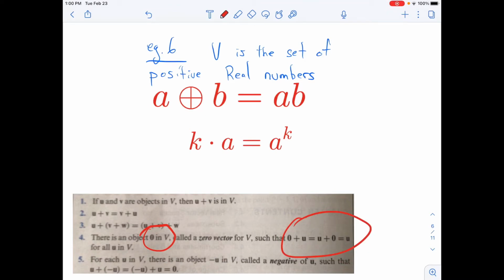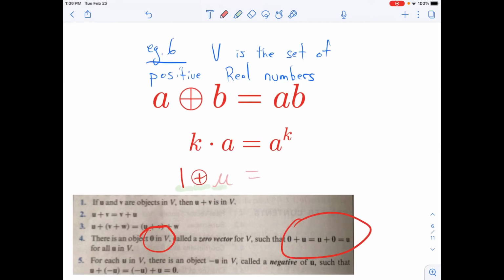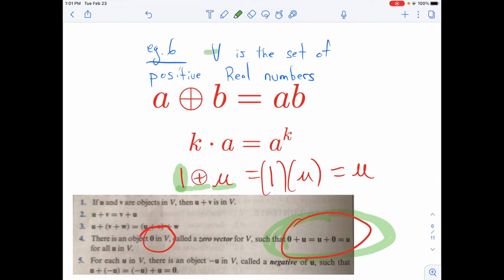So the object that does that is the real number 1. 1 vector space addition u means 1 normal multiplication by the real number u, which is u, which is what this is saying should happen when you have a 0 object. That means the real number 1, which is in this set, is the 0 object.